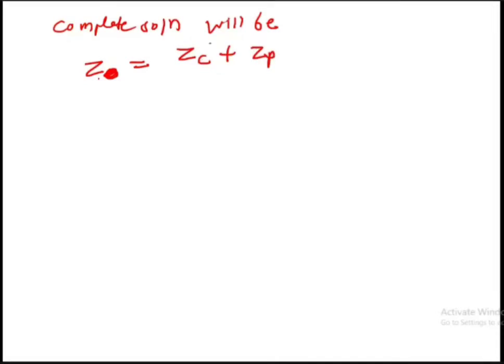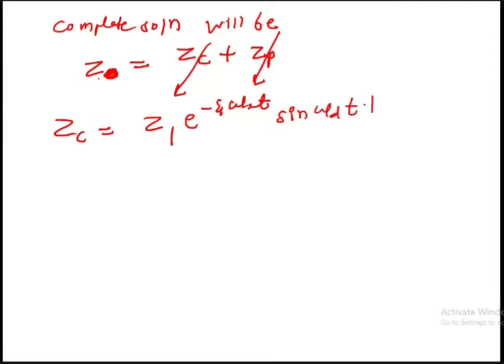ZC indicates the underdamped condition, that is the complementary function, and ZP indicates the particular integral, that is the steady state vibration. So what will be ZC? Very simple. Z1 instead of x1: Z1 e raised to minus zeta omega n t sine omega d t plus phi 1. This will be ZC.